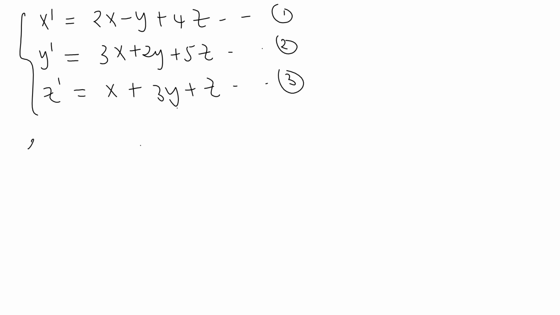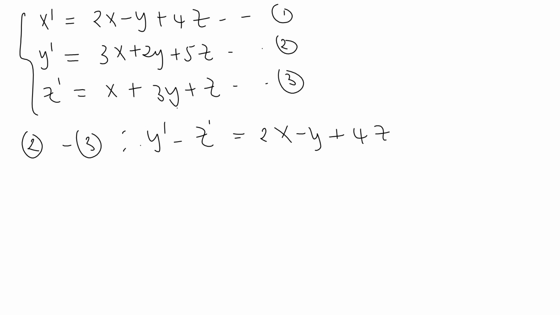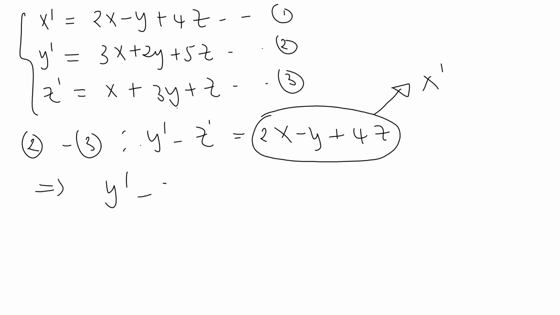So y prime minus z prime is equal to 3x minus x, which is 2x, 2y minus 3y, which is minus y, and 5z minus z, which is plus 4z. But you realize that this quantity is basically equation 1, and it is x prime. So it therefore means that y prime minus z prime equals x prime.